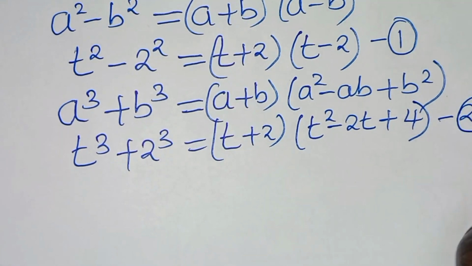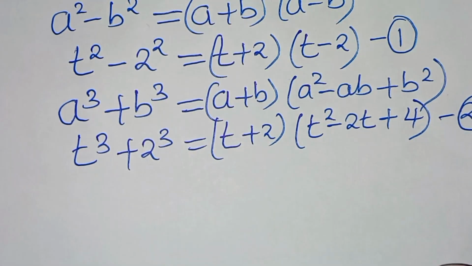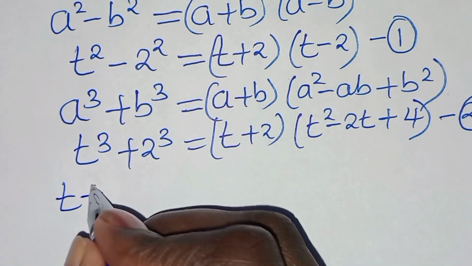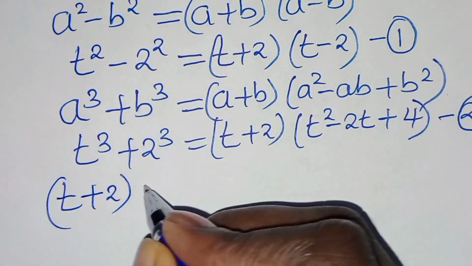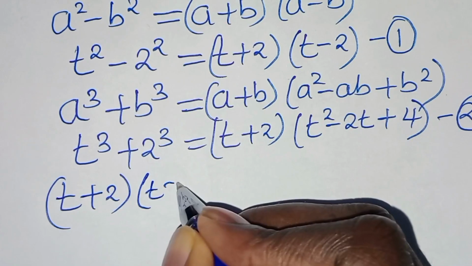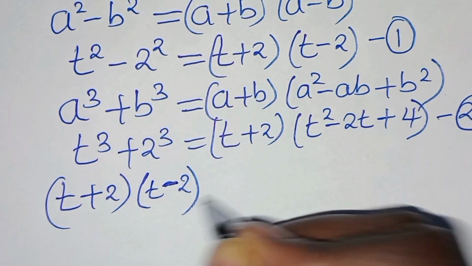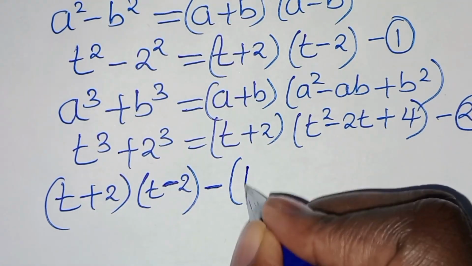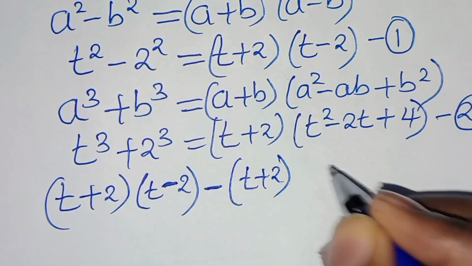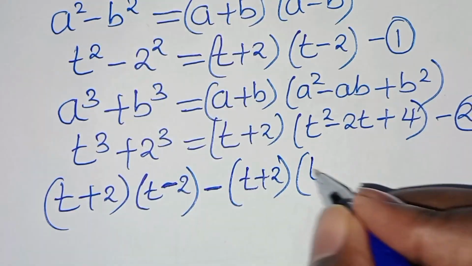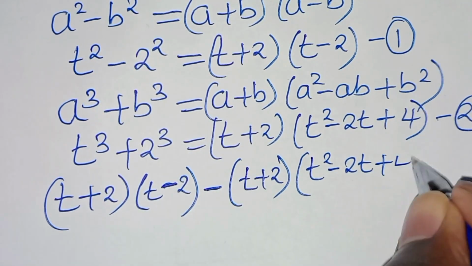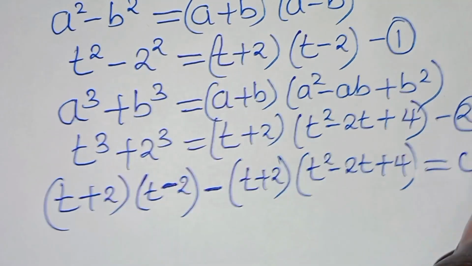So let's combine equation 1 and 2 so that we have t plus 2, t minus 2, then here we have minus t plus 2, then t squared minus 2t plus 4. This is equal to 0.